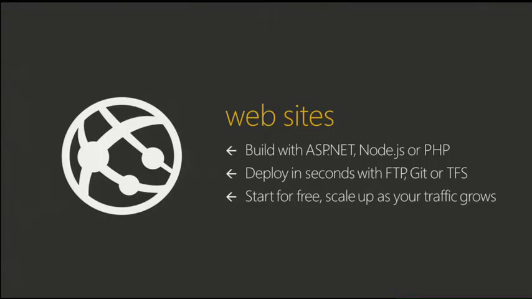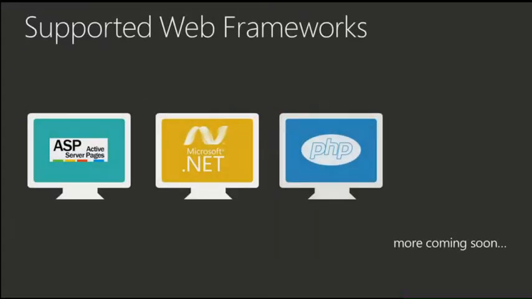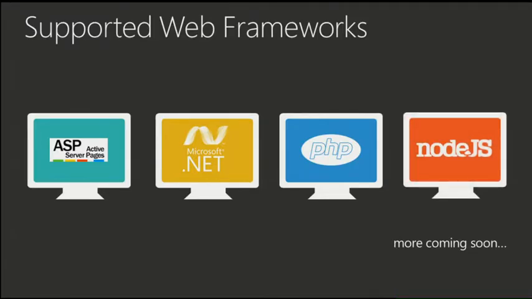Windows Azure websites support a variety of deployment options: Git, FTP, TFS. You can host ASP.NET, Node.js, PHP apps in Windows Azure websites. So again, we support a variety of different frameworks, from classic ASP pages all the way to .NET, all up to Node. And then we've got more coming soon.